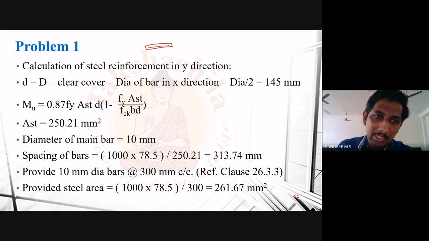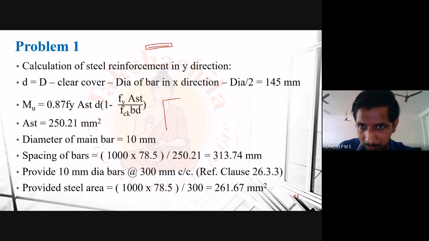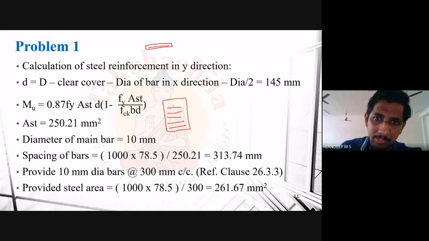We have already designed 10 millimeter bars at 170 millimeter center to center spacing. That means if you take the plan, it will be something like this, with reinforcement going like this.